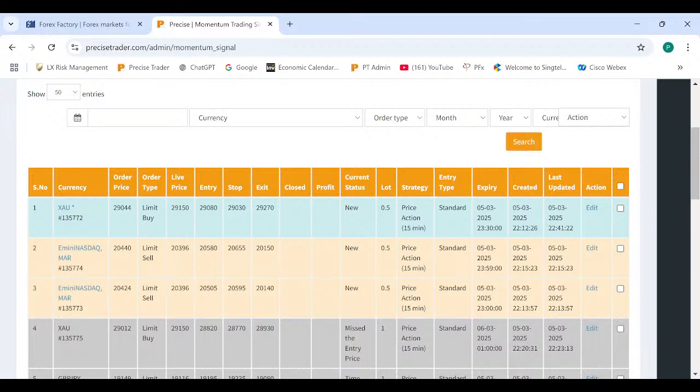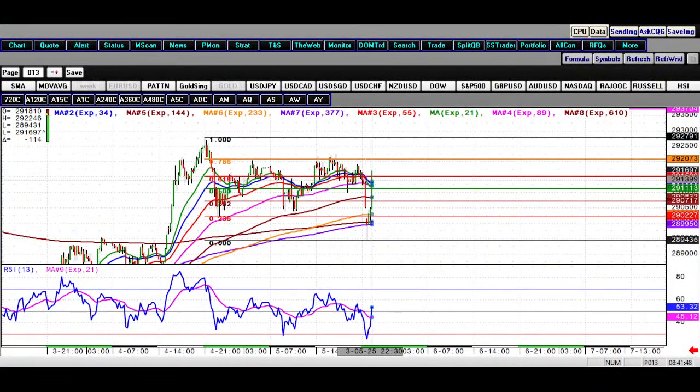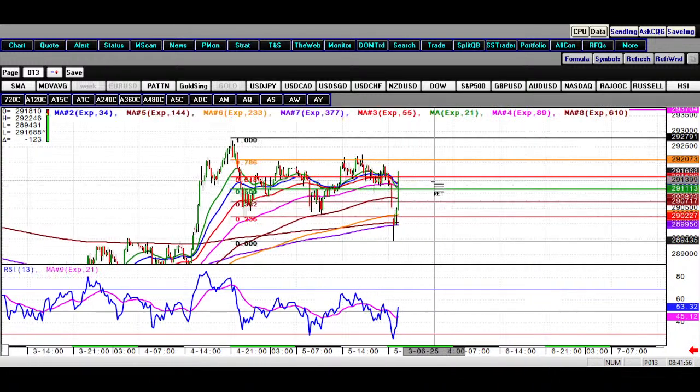We'll just give one more try because I think it's moving very fast. I think we were right on the move, but unfortunately we didn't get an entry. So we have to wait for this market to give us an entry point. This strength may last for another 3 more minutes. Let's see how high it can go, then we will give ourselves one last try.